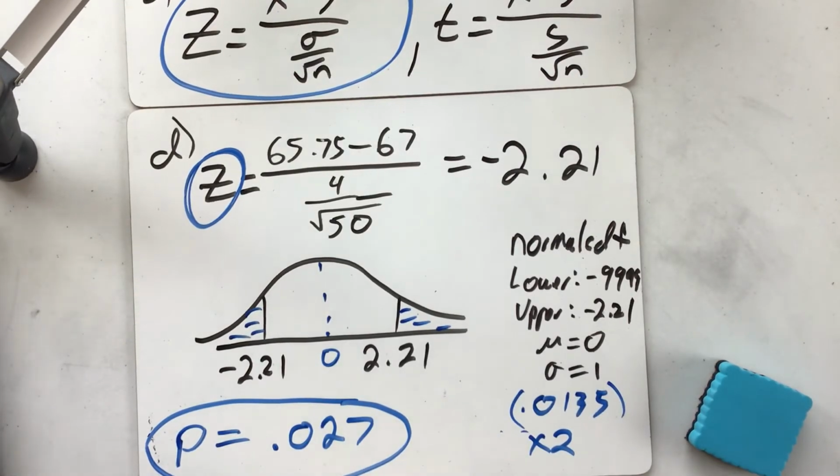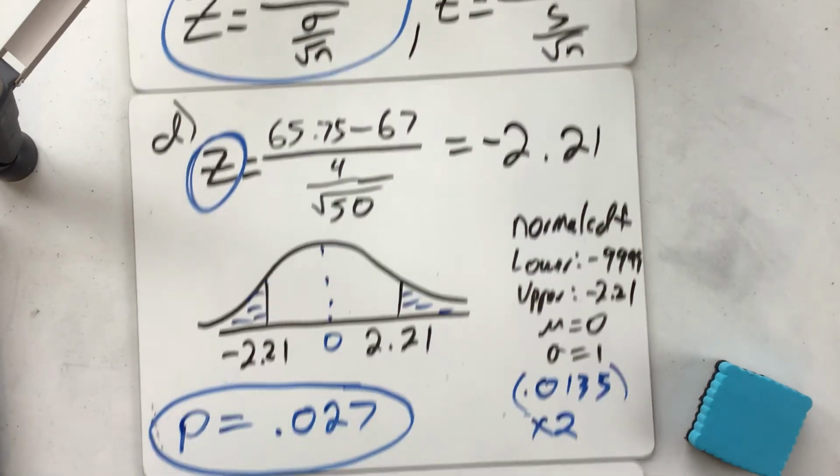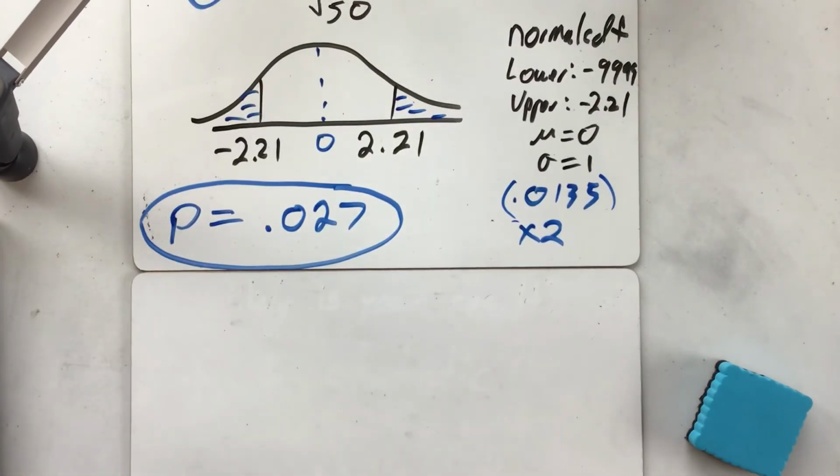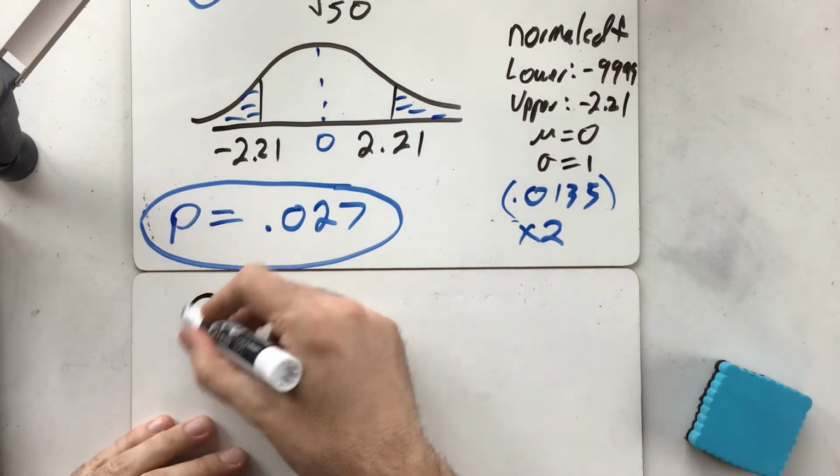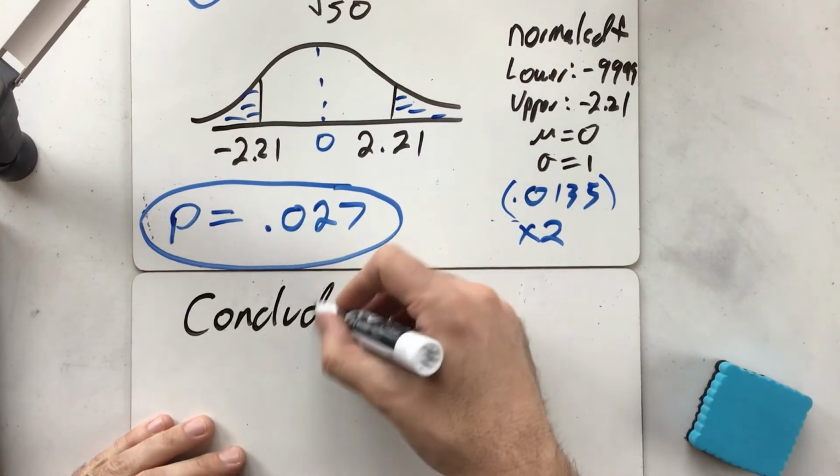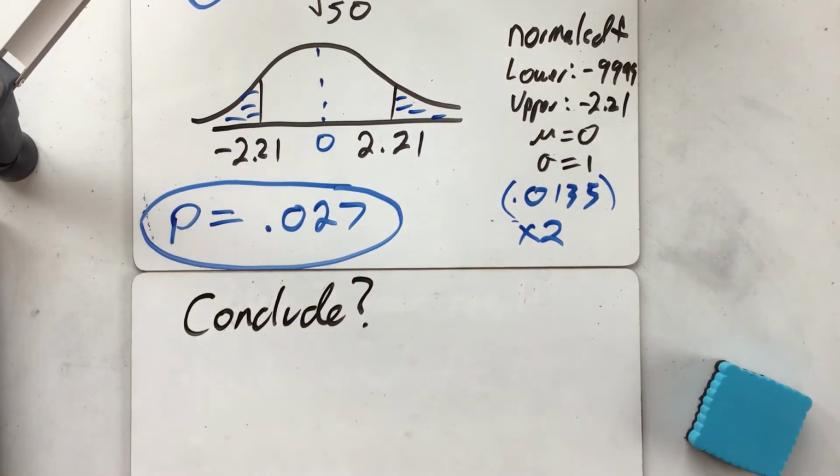Okay, there's one last question that we really want to ask once we get to this problem. And the last question to ask is, what should I conclude? Well, to make a conclusion, I have to make a judgment.